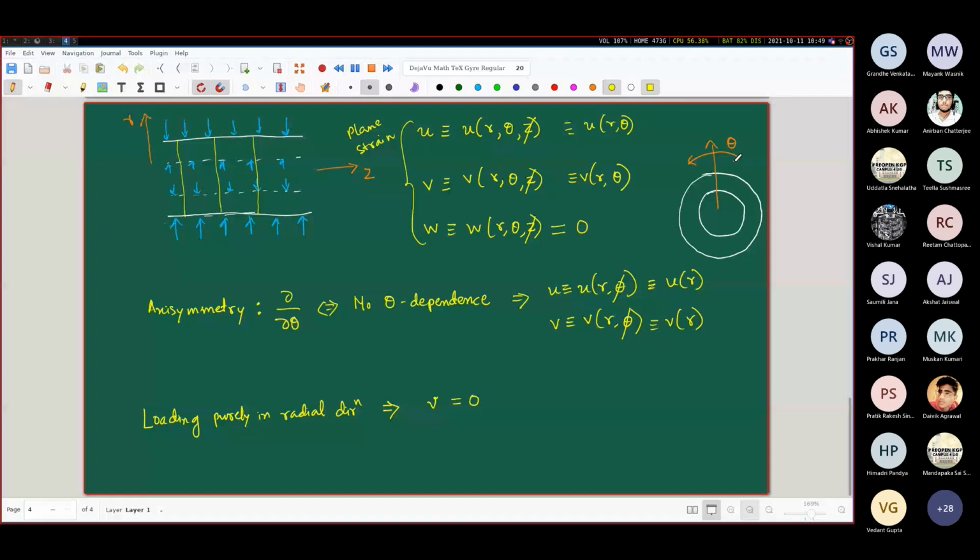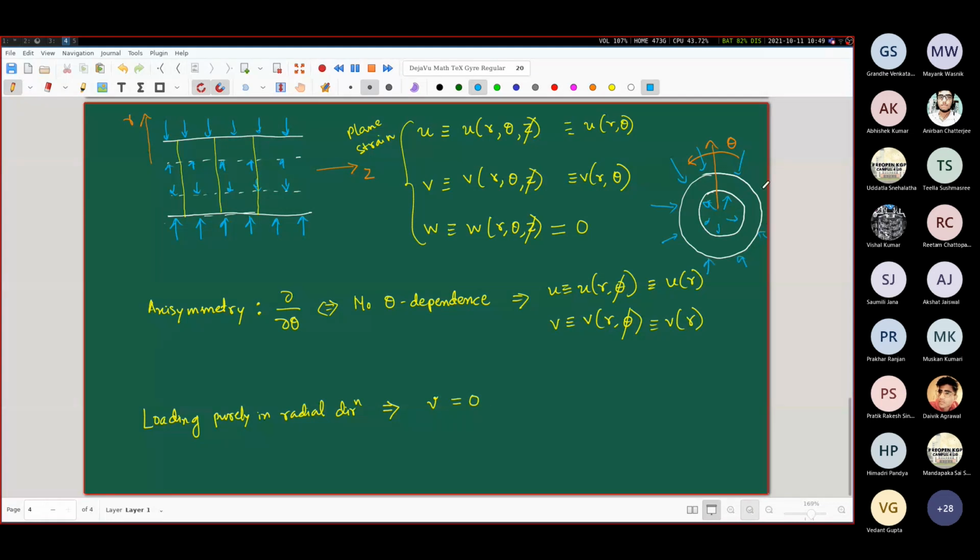If there is such a shear along the theta direction, definitely you are going to end up with certain displacements along this theta direction, which is depicted by this variable V. But here we do not have any such component of the loading along the theta direction. Rather, all the loading is taking place in a purely radial fashion, both from the inside as well as from the outside. So we are perfectly safe, and this V can be easily set to be equal to 0.